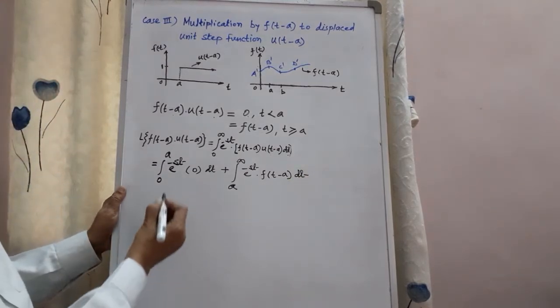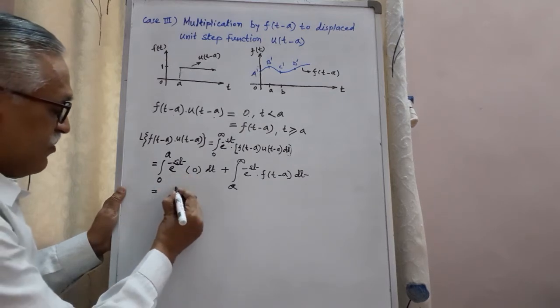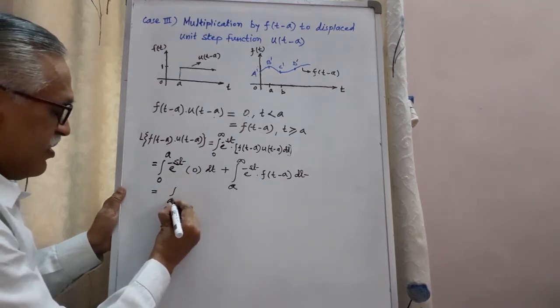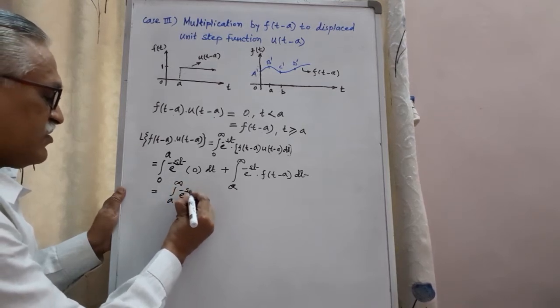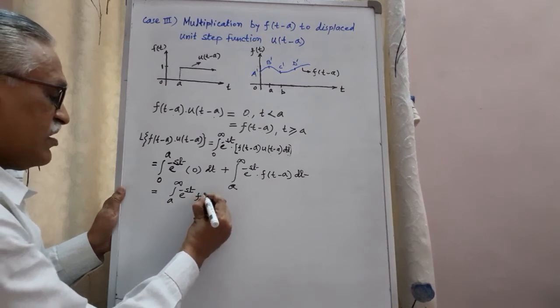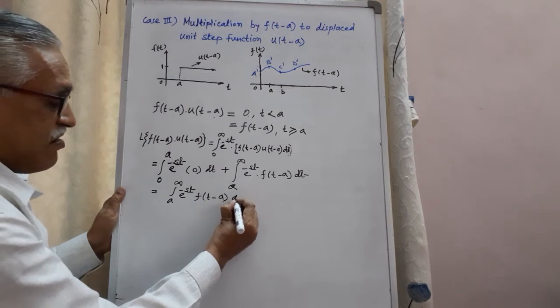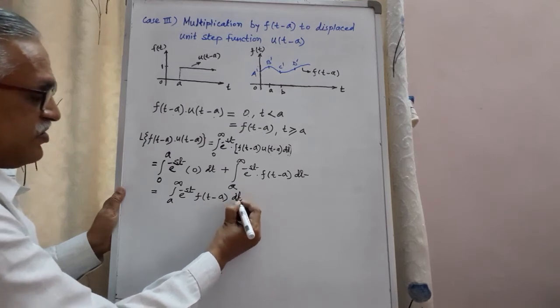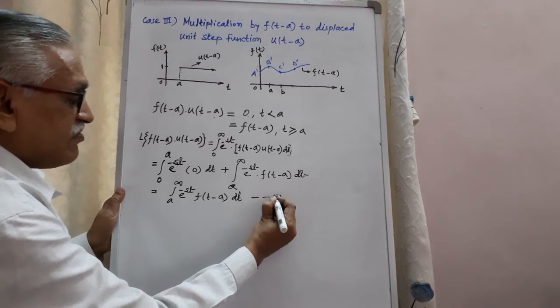This first part becomes 0. Therefore we have the integral from a to infinity of e raised to minus st into f of t minus a dt. We call this equation 1.